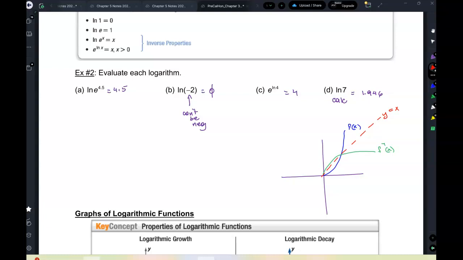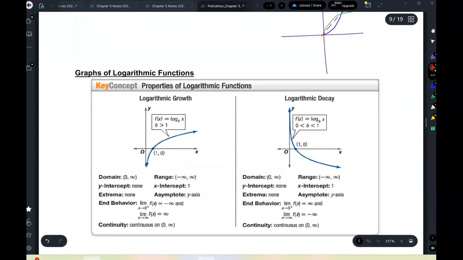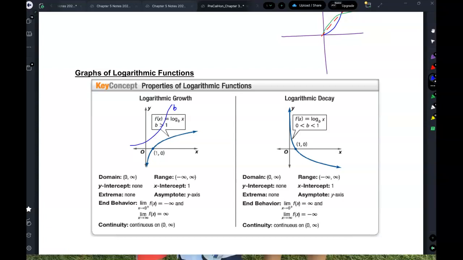Logarithms are the inverses of exponential functions. So we know what, let's say, 2 to the x looks like. This is what, let's say, b to the x will look like. And the logarithm log base b of x looks like this.